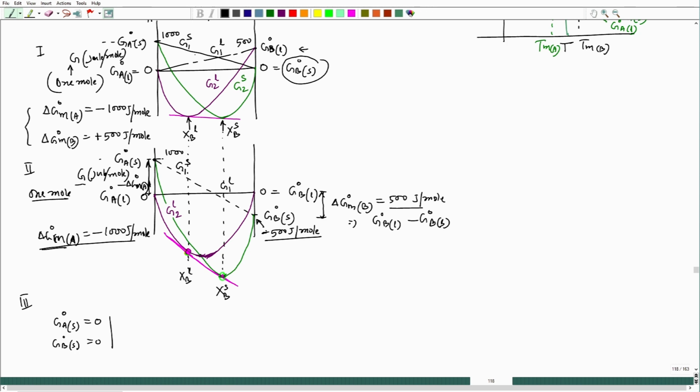So, let me stop here. We will discuss now the cases where the solution would deviate from a Raoultian behavior. That time you would have a contribution from enthalpy while making a solution, and that contribution would have an effect on the phase diagram.